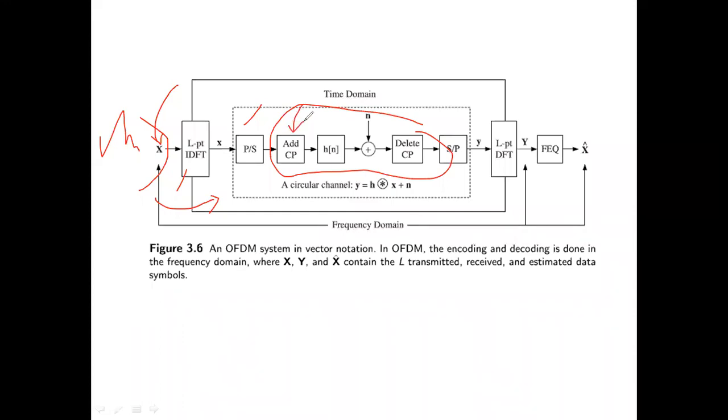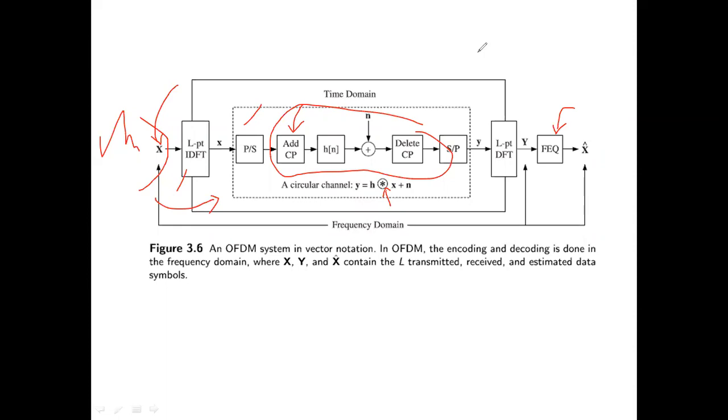As I told you, it was to make sure that the linear convolution that happens in the channel is faked by a circular convolution. And also we discussed the frequency domain equalization, that is a possibility here, since you have converted the data to the frequency domain. So you get that FEQ.